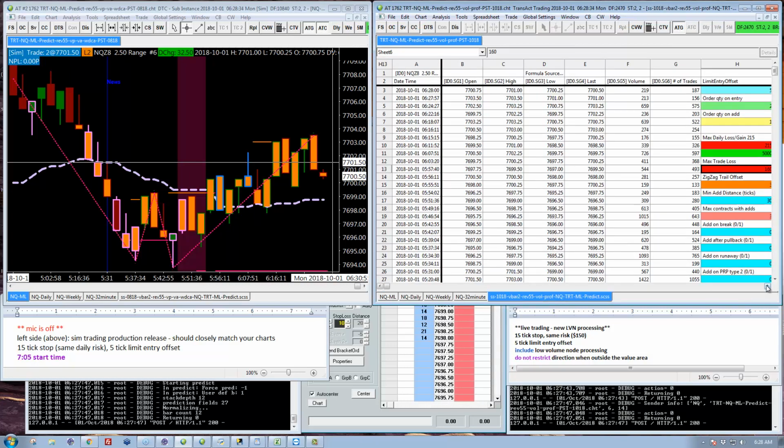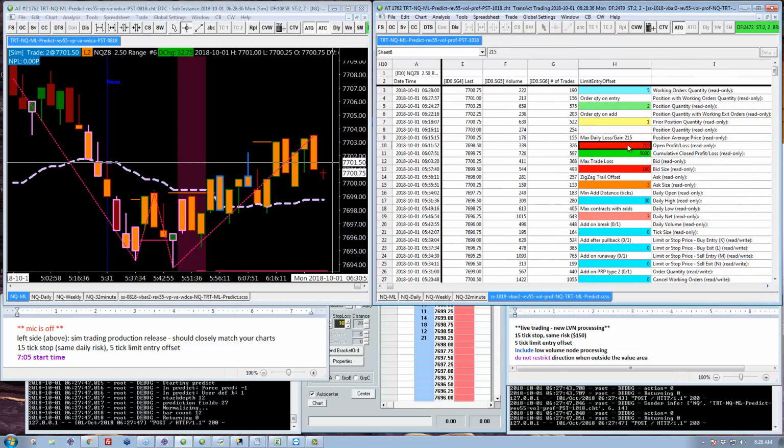So in the max daily loss, this is the same here, 215. I do have the maximum trade losses increased. This is the safety net, so that if something crazy happens, the system will kick in and take you out if you exceed that number. Because the stop is 15 ticks instead of 10, I have to increase that value.